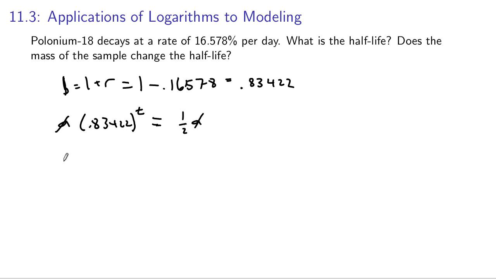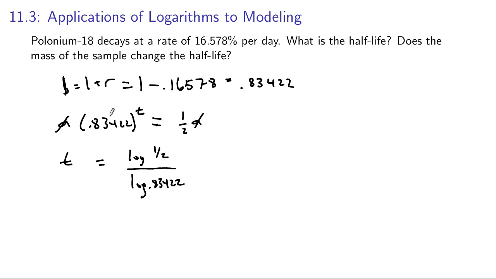So to find the half-life, all we need to do is find t log 0.83422 equals log of 1/2, skipping a bunch of steps. Log of 1/2 over log of 0.83422.